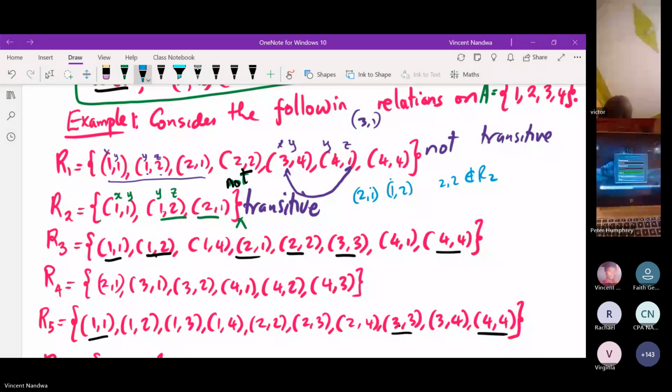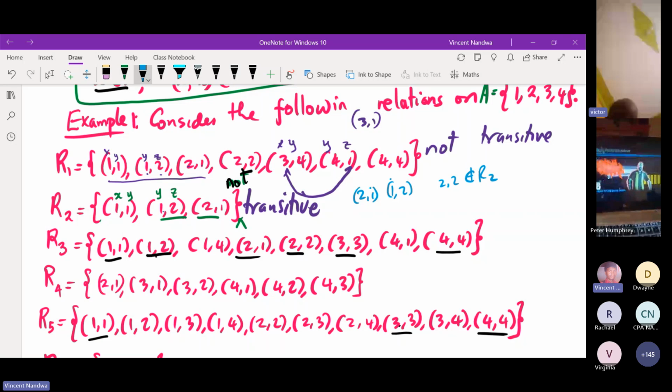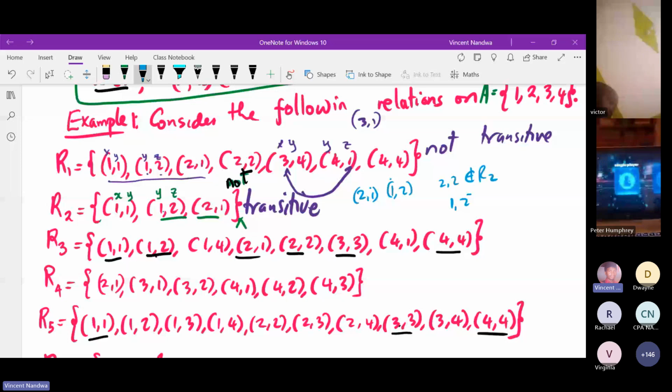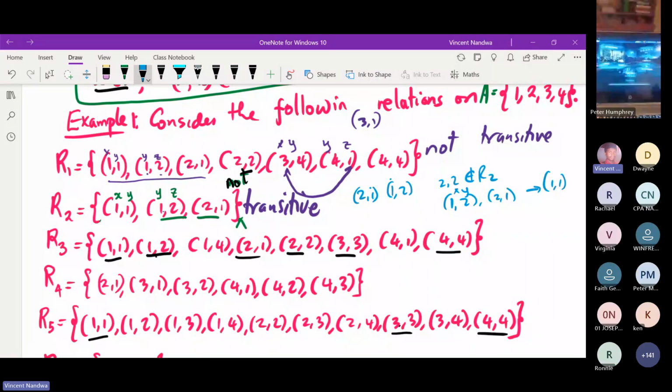In R2, if you use 1,2 as xy and 2,1 as yz, then 1,1 is there. There's no problem.